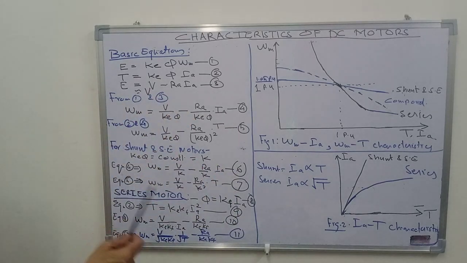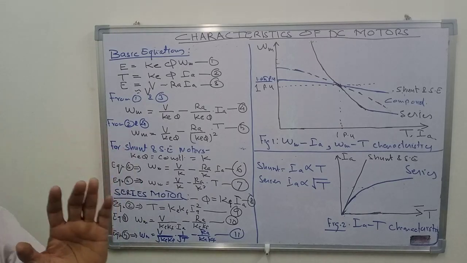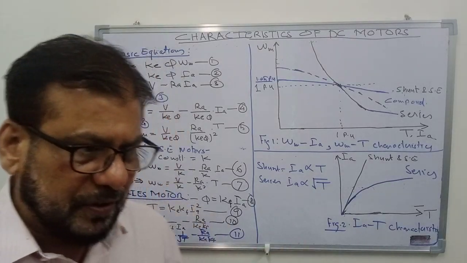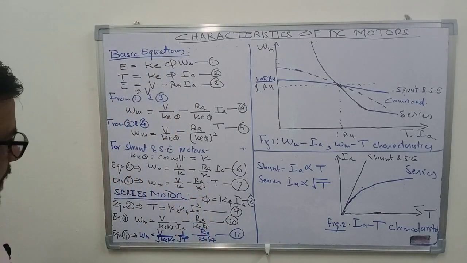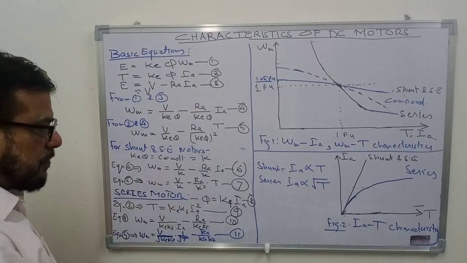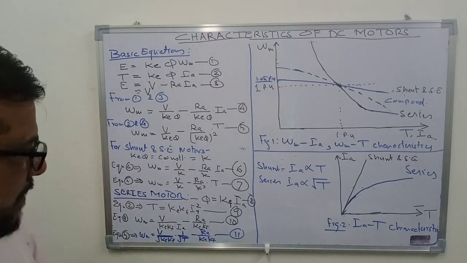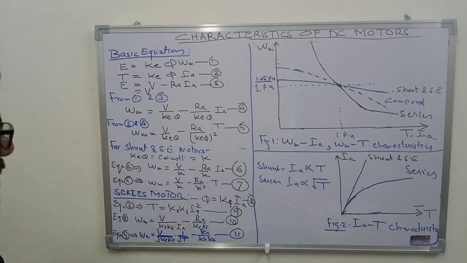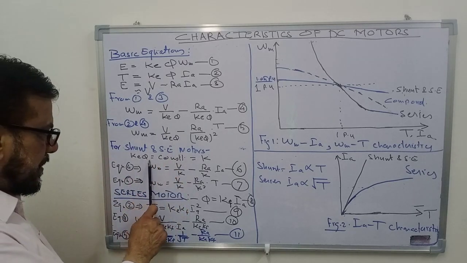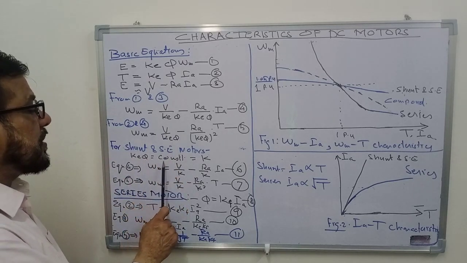Now let us see what happens if the motor is a shunt motor and what happens when the motor is a series motor. For a shunt motor or separately excited motor, the flux is constant. So the term Ke phi, K is a constant, phi is also constant, so this is a constant.